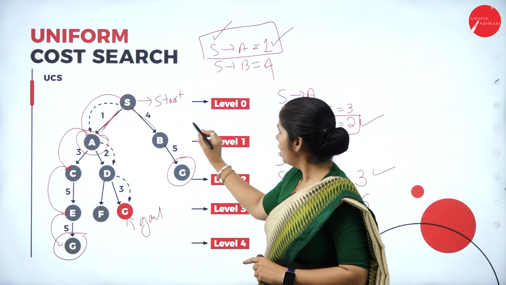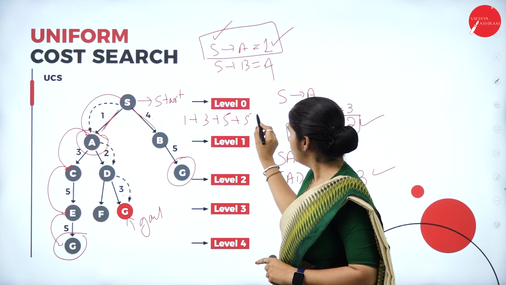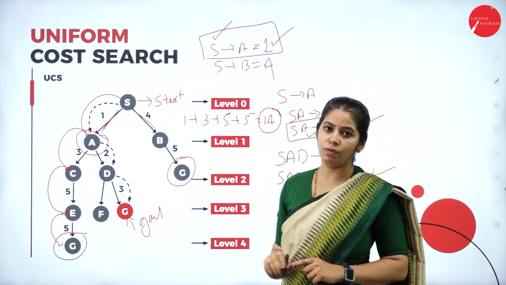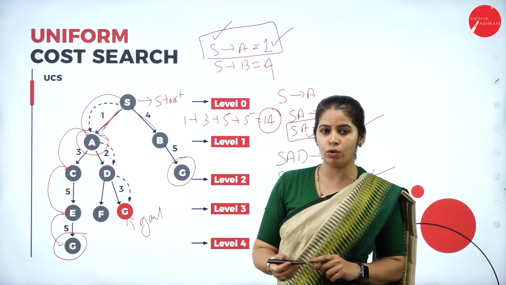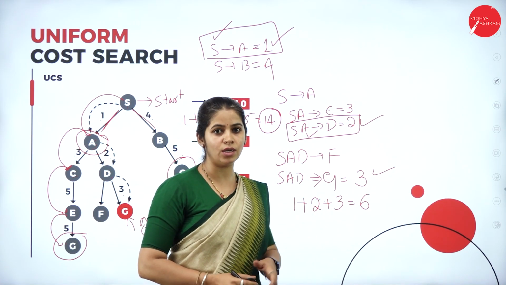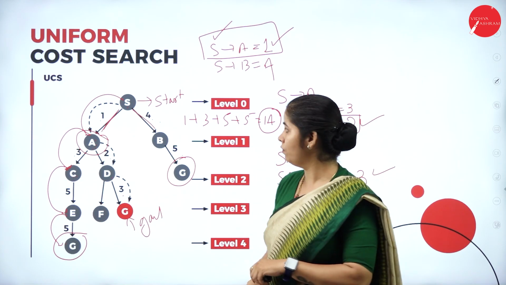I am getting 1 plus 3 plus 5 plus 5, so the cost is 14. Which is a larger value. So we cannot consider it. If we have more than one solution, we have to consider the minimal cost, what we are searching for. That is what is called the optimal solution.